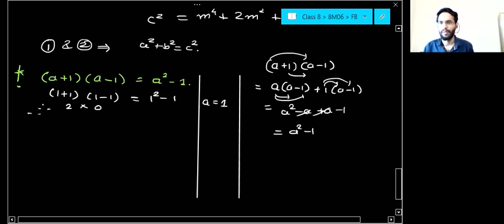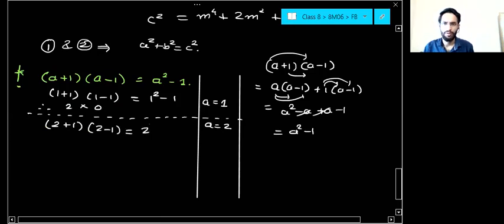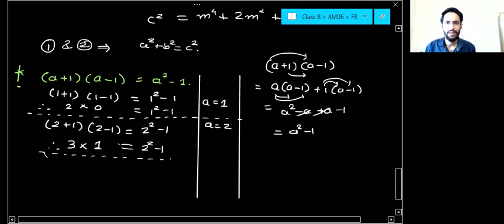Now if I take the value of a as 2, 2 plus 1 into 2 minus 1 is equal to 2 square minus 1. 2 plus 1 is 3, 2 minus 1 is 1, 2 square is 4, 4 minus 1 will give you 3. Are you getting my point, students? Please give me some response. Everyone, are you getting this pattern?